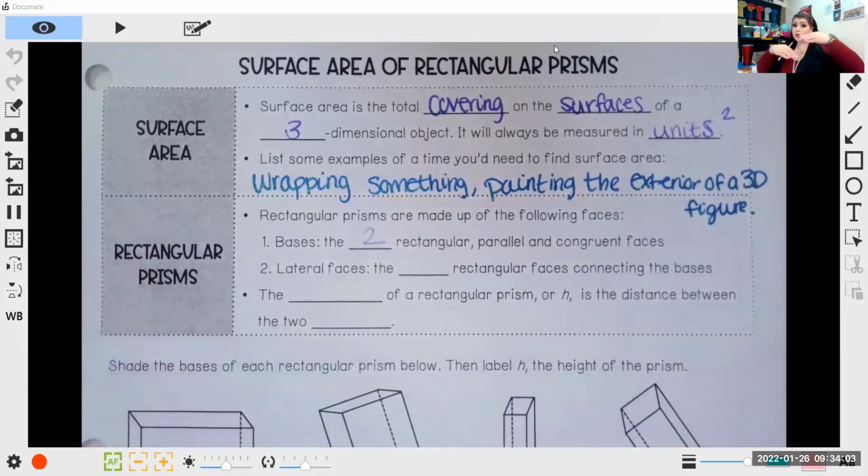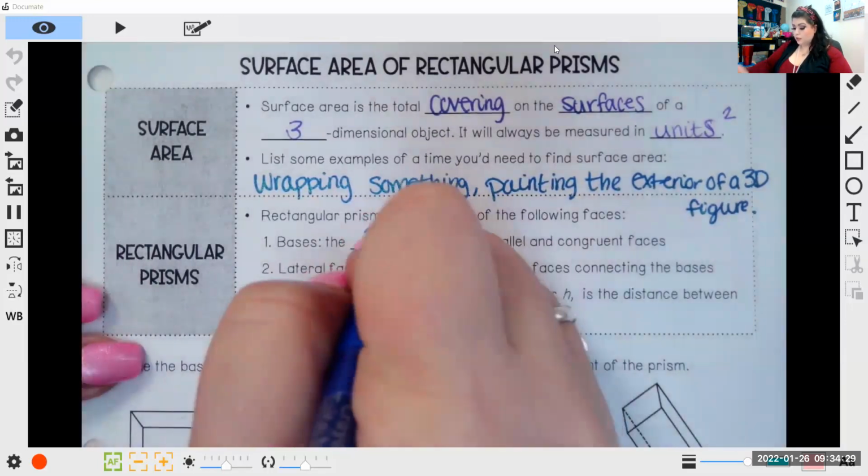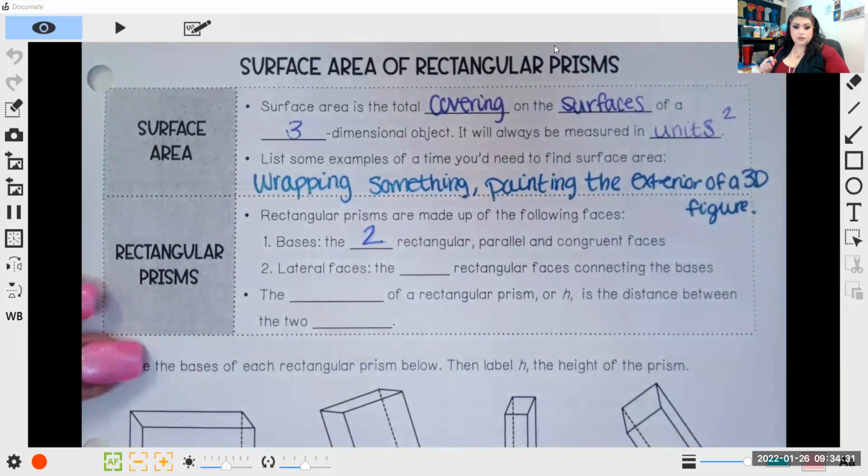Remember, from previous lessons, parallel means they'll never touch, they'll never cross, yes? And congruent means same shape, same size. They're equal to one another. So that's the bases. There are two rectangular.